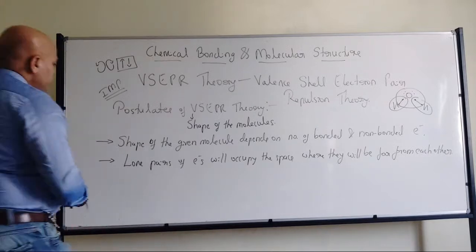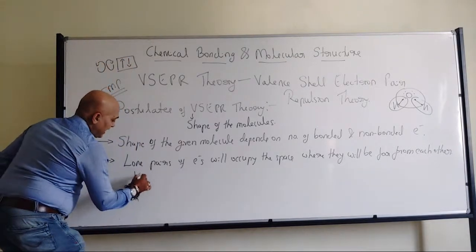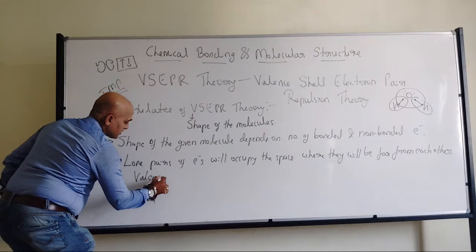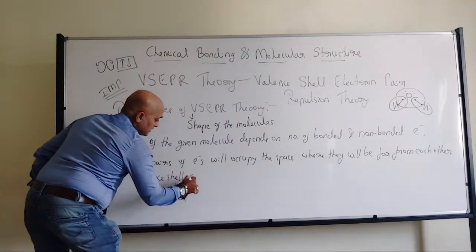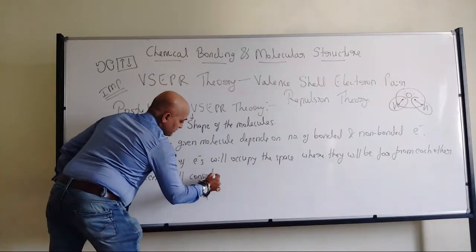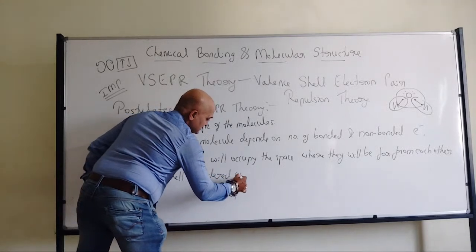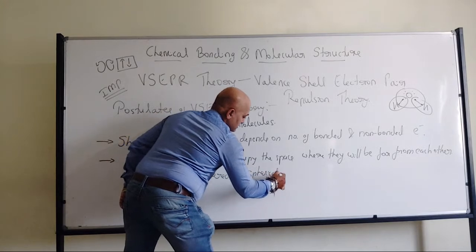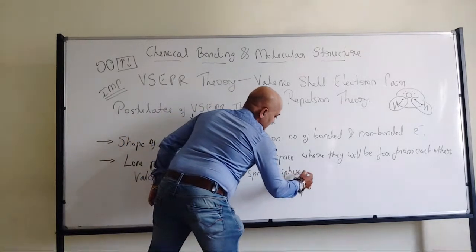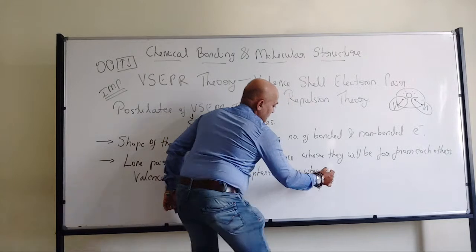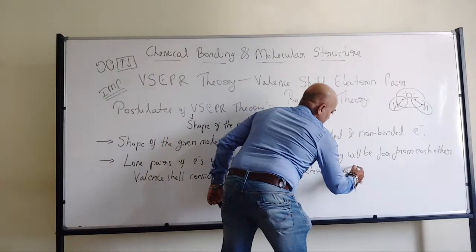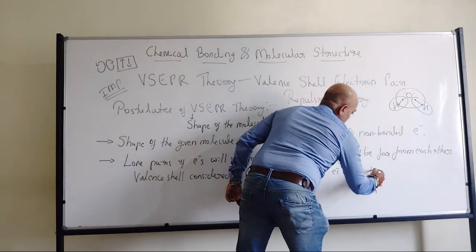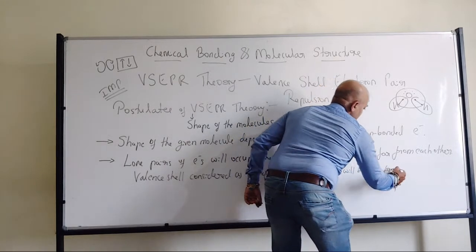So what I mean to tell you is, the valence shell is considered as a sphere, where electrons will be far from each other.